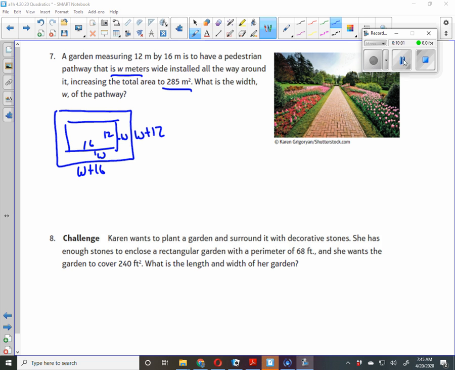And as soon as I said that, I made a mistake. This is 2W, right? Because there's two widths here. 2W plus 12 and 2W plus 16 because there's two widths here. And we know that the area is 285, so let's go ahead and multiply those out.